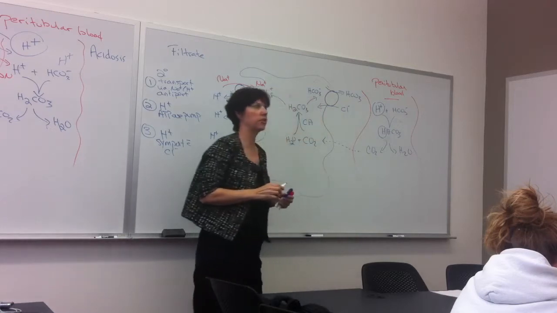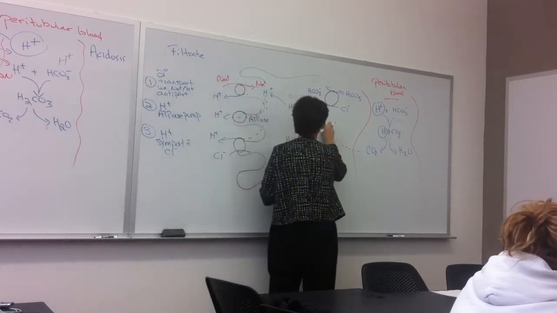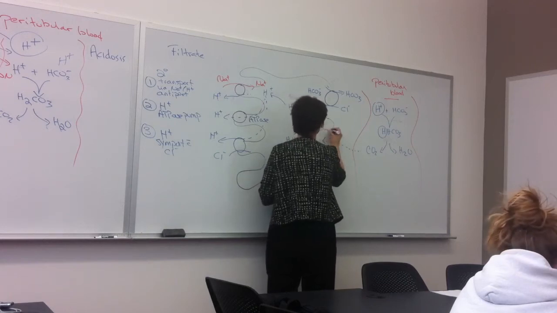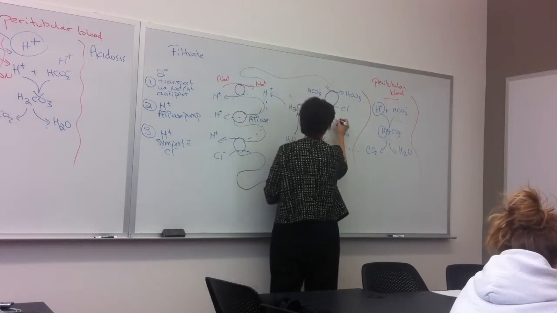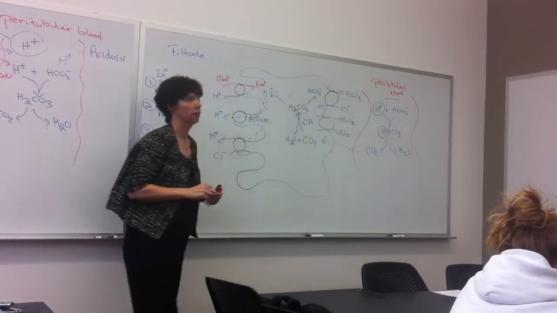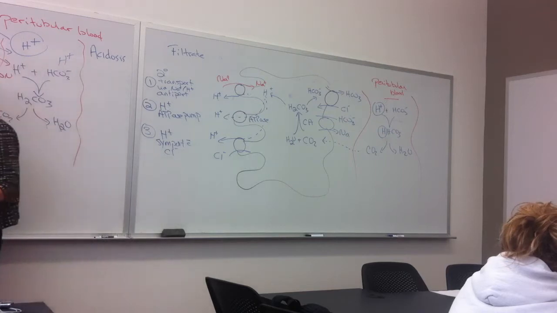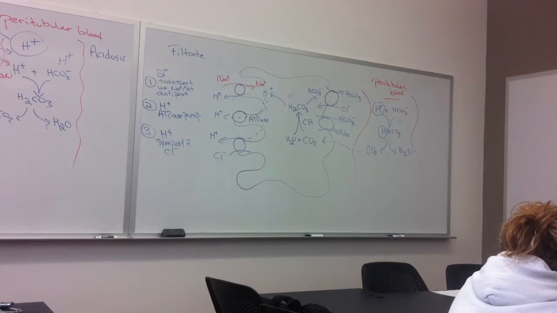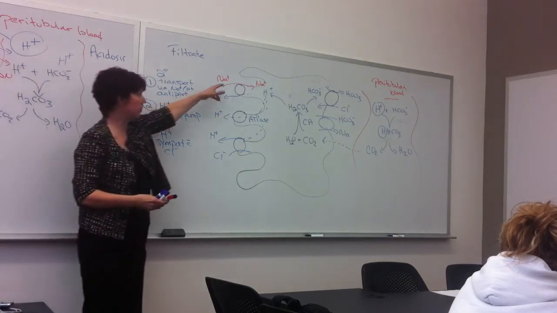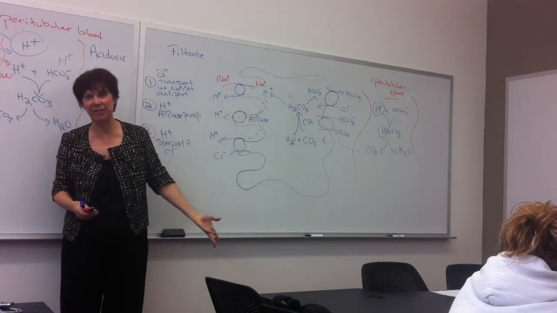We have an anion exchange, and then we have a co-transport with sodium. So those are how bicarbonate, those are found in the basolateral membrane. That's why the basolateral membrane is permeable to bicarbonate ions, but we don't have these forms of transport for hydrogen in the basolateral membrane, so it's not permeable to hydrogen ions.